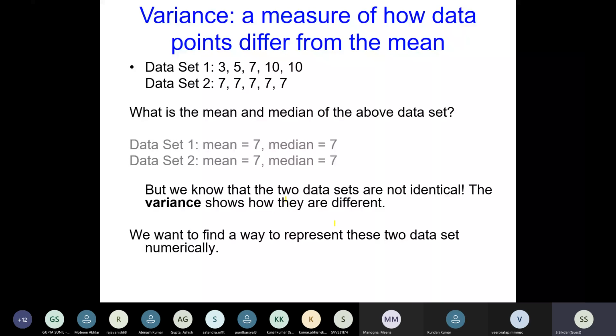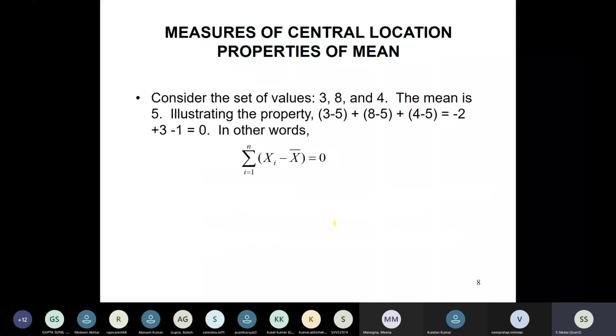Now, one more thing that we talked about the other day was that if we consider a set of values, the algebraic summation of the differences between the mean value and the actual score would become 0.